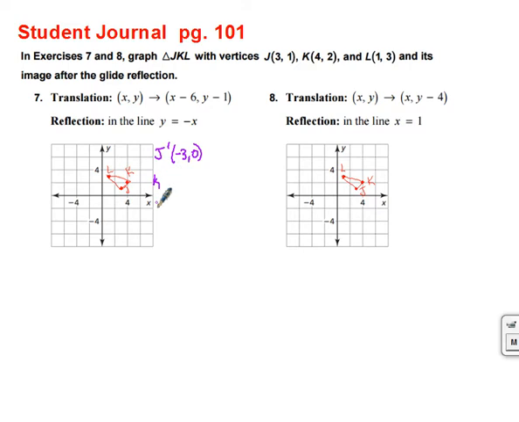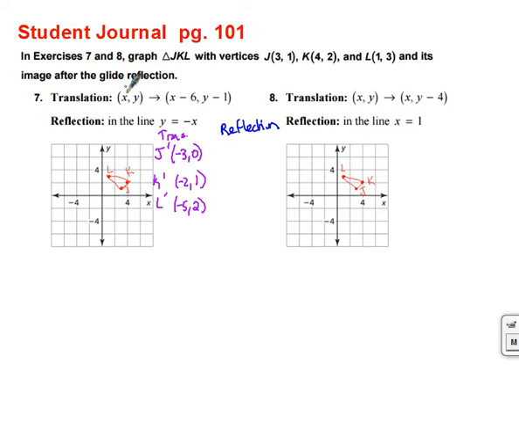Now I'm going to go ahead and do so for K and L. Alright, so on K, if I plug in 4, 4 minus 6 is negative 2. I plug in 2, 2 minus 1 is 1. On L, I plug in 1, 1 minus 6 is negative 5. And I plug in 3, and 3 minus 1 is 2. So this is after the translation. Now I want to go ahead and do the reflection.